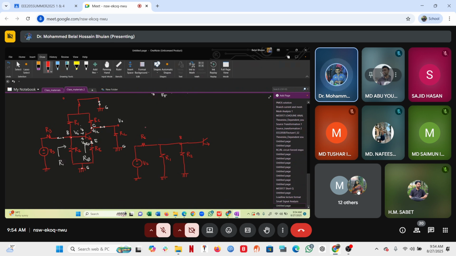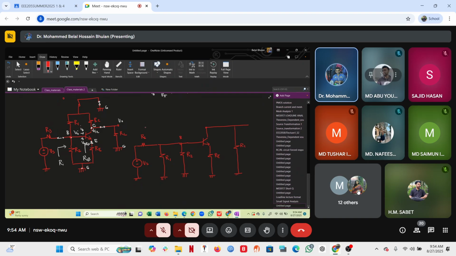And the emitter side is connected to RE. And on the collector side, one resistance goes to RC. You see, from the collector, what other terminal goes?